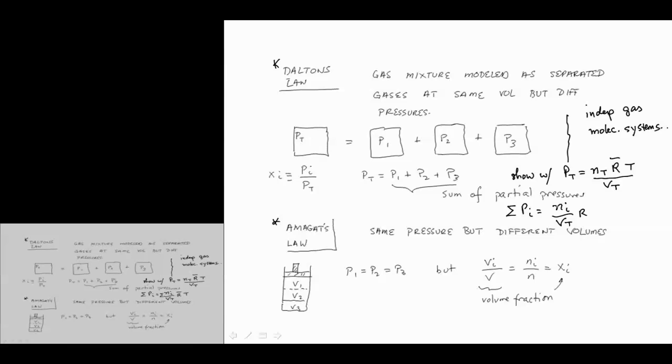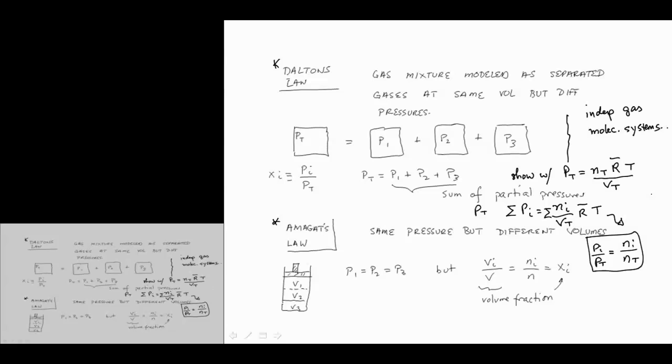If we divide any one of those by P total, which is the definition of P total, then we'd have Pi over P total, again just as Ni over N total. So it's easy enough to show from ideal gas.